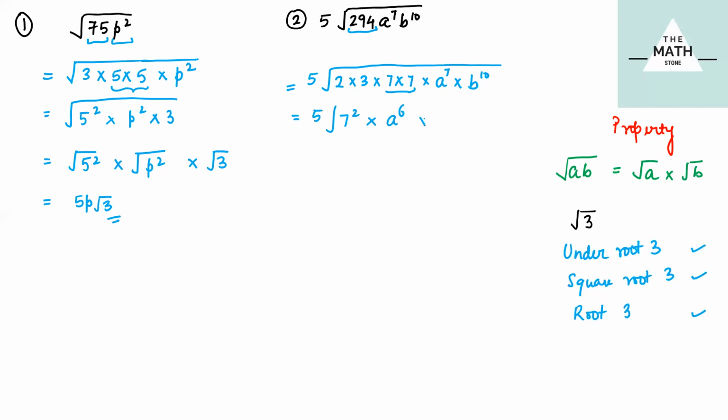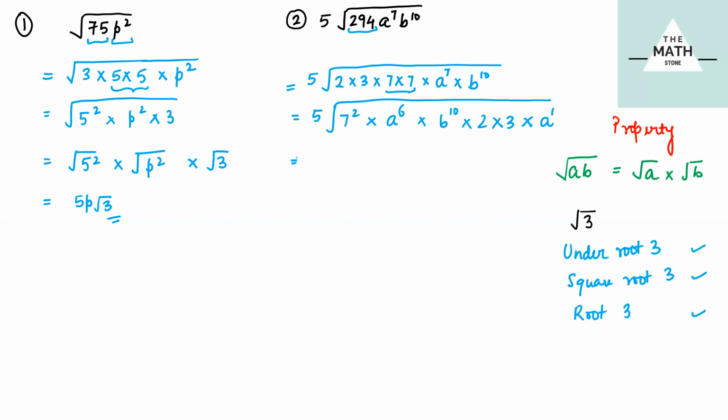Then I'm going to write b raised to 10. And then 2 and 3 are left, and 1 a is left, because here I wrote a raised to 6. So a raised to 1 is left, right?